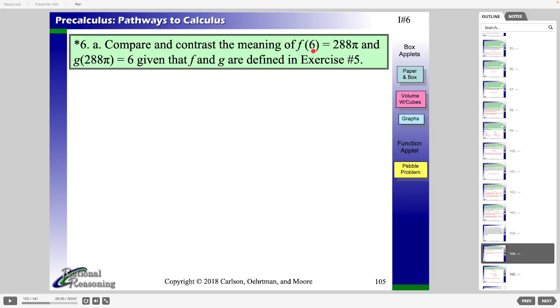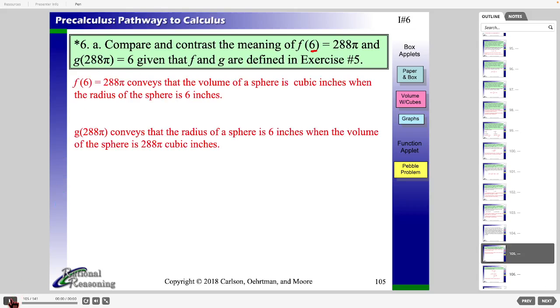So it's meaning that a radius of 6 gives us a volume of 288 pi. The other function takes that 288 pi as an input, and then it's going to get us back the radius. So we notice how those two are connected. F of 6 gives 288 pi, g of 288 pi gives 6 inches.